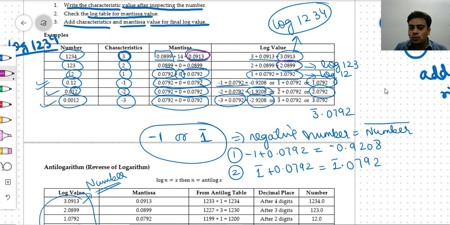In the second example it is 2.0899, so your mantissa is 0.0899, right? In the third example, 0.792 is your mantissa. Clear?